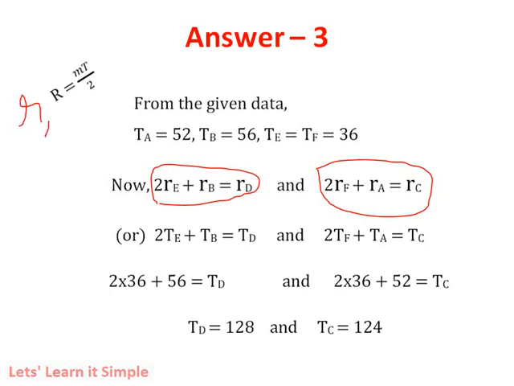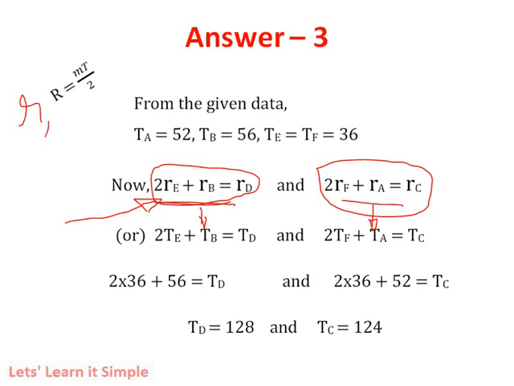We know the pitch circle radius R, it may be small r as well, based on your notation. The pitch circle radius is mT by 2, and in this problem m is assumed to be constant. Therefore I can cancel m by 2 in all the equations, and this is simplified like this. Similarly, the equation is written in terms of number of teeth: RD equals 2RE plus RB, and R is equal to mT by 2.